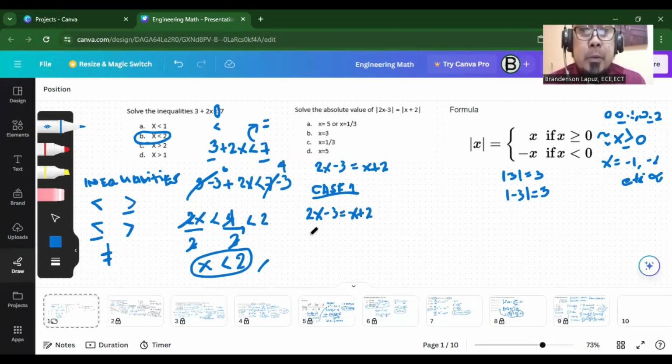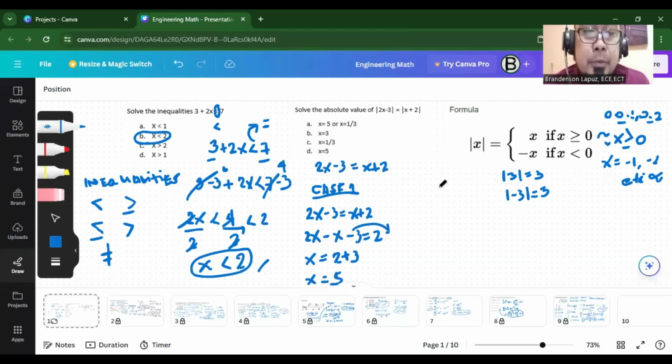Now, simplify. That would be 2x minus x, transposing this over there, and minus 3 is equal to 2, so the x there is gone. So 2x minus x is equal to x, and moving the 3 over, that would be 2 plus 3. Therefore x is equal to 5.